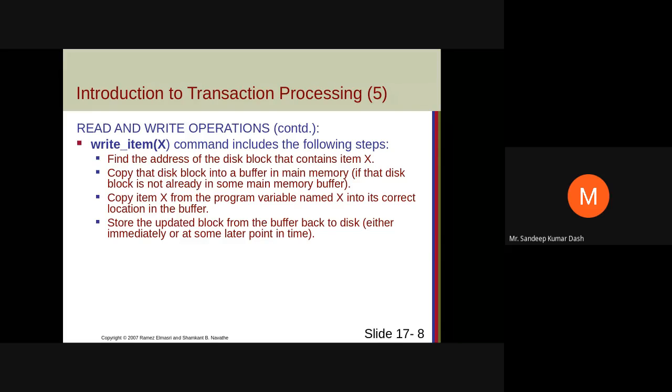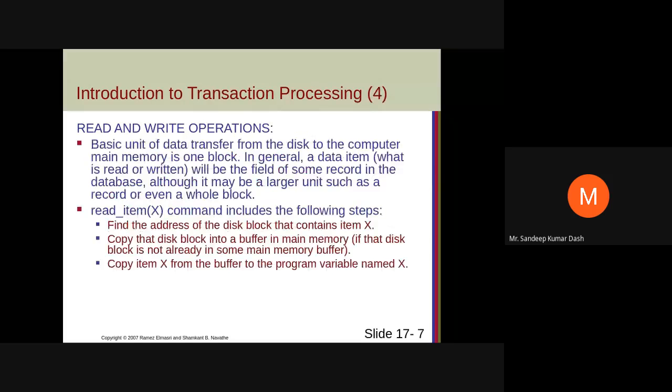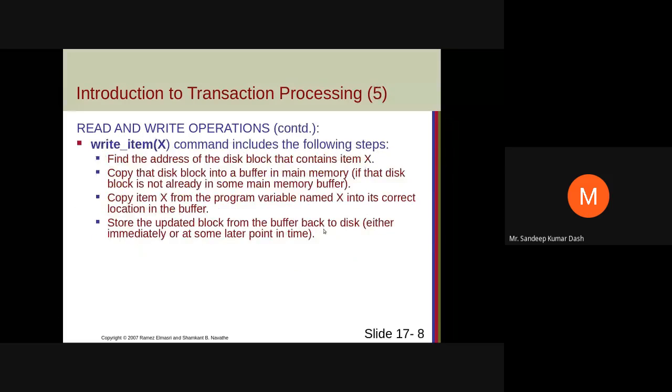Similarly, write item X is writing the content of X onto the database. So what is the sequence? First you have to find the address of the disk block like the previous one, the disk block that contains item X. Then copy the disk block into a buffer in memory.